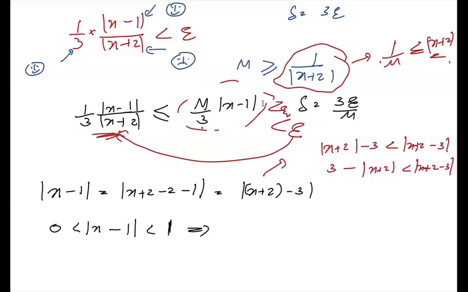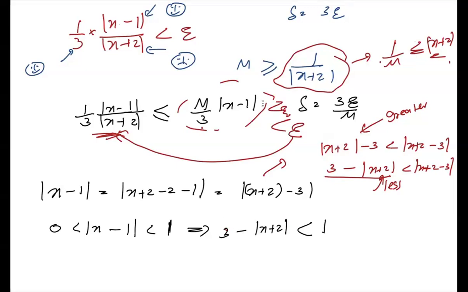If you need to pick some positive value greater than this one, pick this. If you need to pick a positive value less than this one, you need to go with this expansion. When you go with this expansion, I take the other equation: 3 minus |x plus 2| is less than 1.